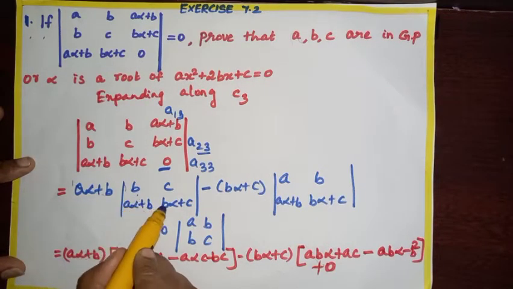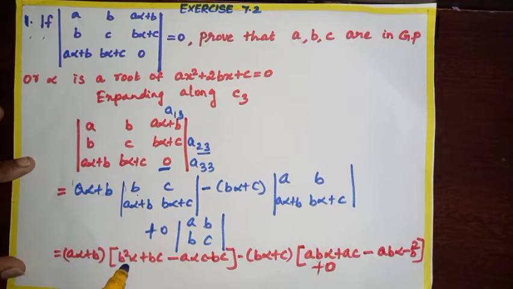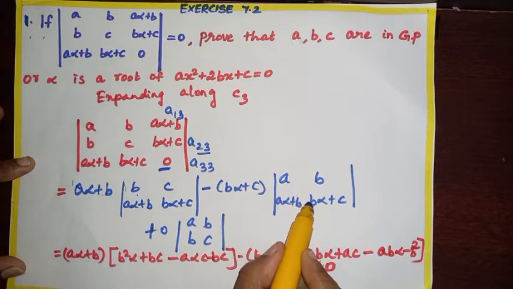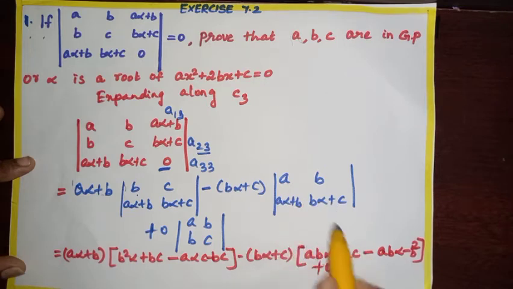Now B into B alpha plus C is B square alpha plus BC, minus of C into A alpha plus B is minus A alpha C minus BC, minus B alpha plus C. A into B alpha plus C is AB alpha plus AC, minus B into A alpha plus B is minus AB alpha minus B square, plus 0 into the 2 cross 2 matrix will become 0.